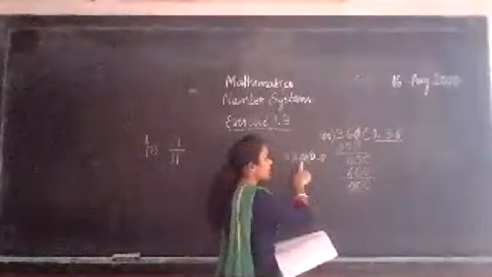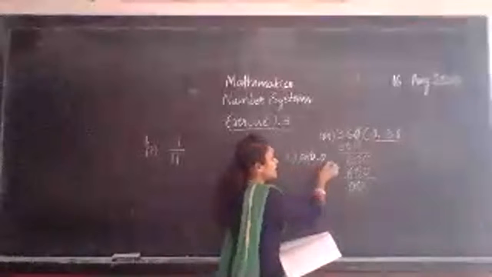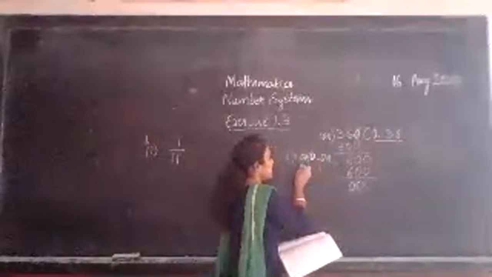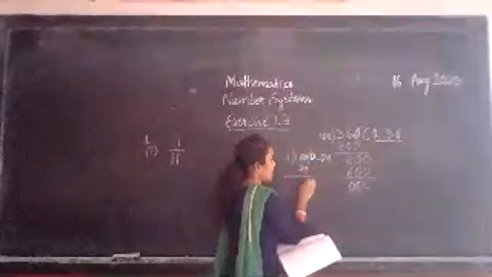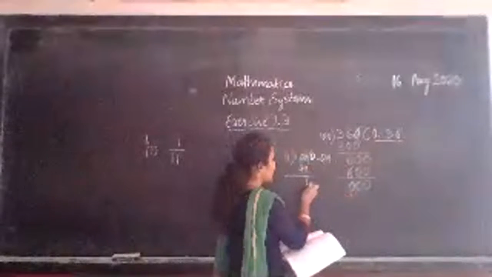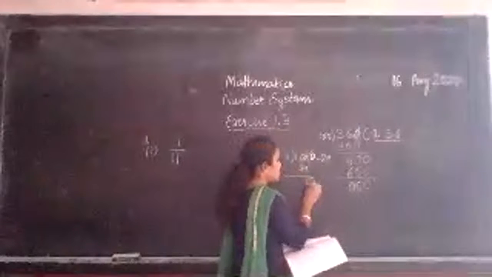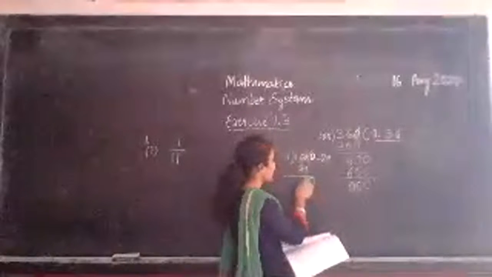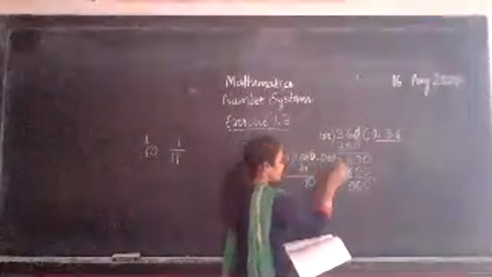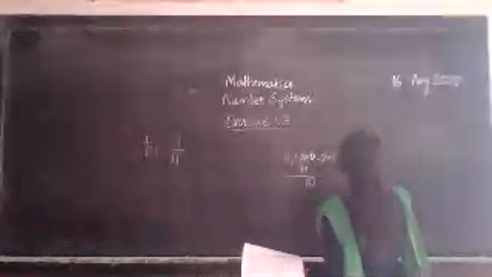Now I have to divide 100 by 11. 11 nines is 99, so again I get remainder 1. Again it goes on repeating. 1 cannot be divided by 11 again, so I write 0. Again 10 cannot be divided by 11, so I write 0 again.